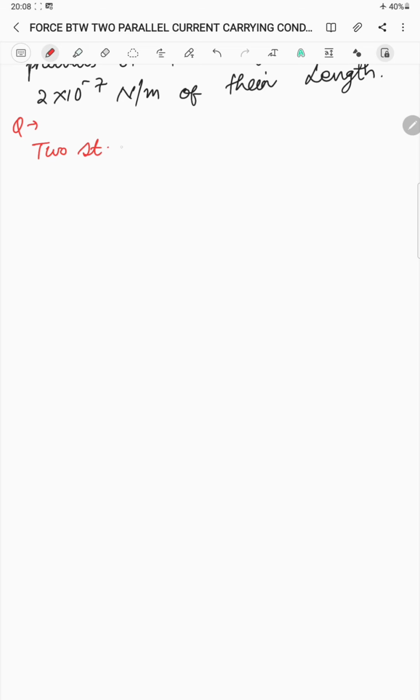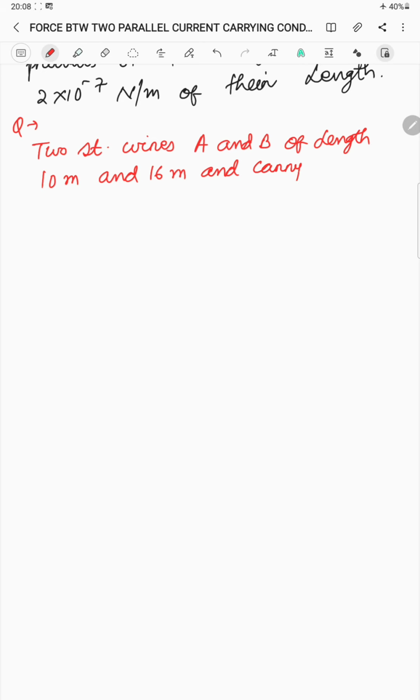two straight wires A and B of length 10 meter and 16 meter and carrying currents 4 ampere and 5 ampere respectively, in opposite direction. That means antiparallel. Okay?